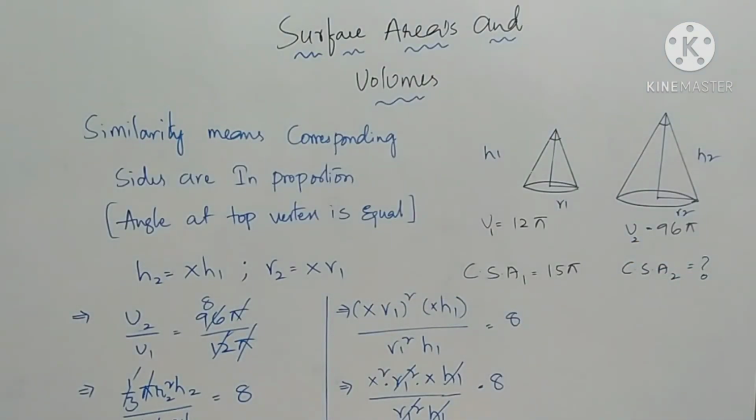The question continues: if the curved surface area of the smaller similar cone is 15 pi square units, what is the curved surface area of the larger cone? The volume of the first cone is 12 pi and the volume of the second cone is 96 pi.